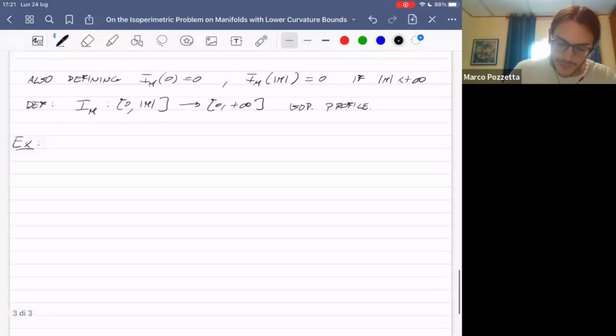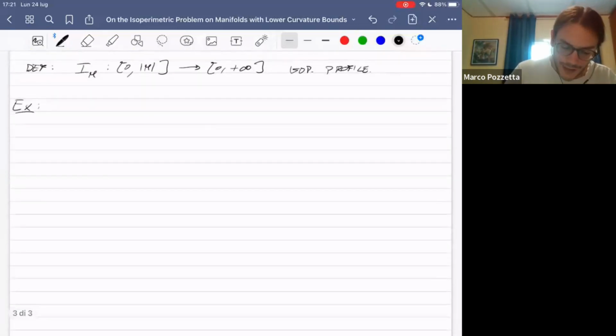So the first thing I want to do is try to solve the problem of existence of isoperimetric sets on the so-called models of constant curvature. They are R^n, the sphere of radius 1, and the hyperbolic space of dimension n. These are the simply connected manifolds of constant curvature equal to 0, 1, and -1.